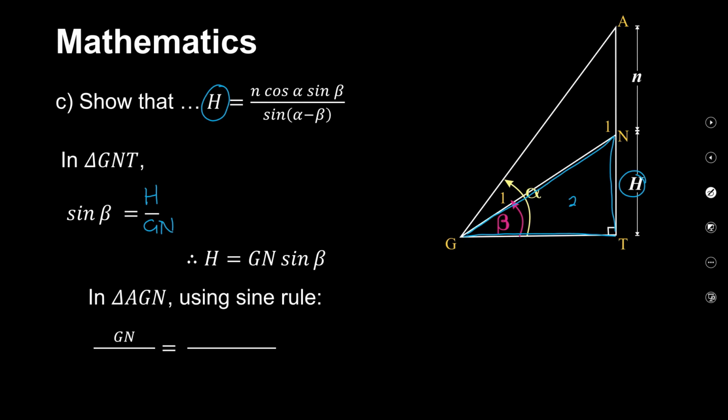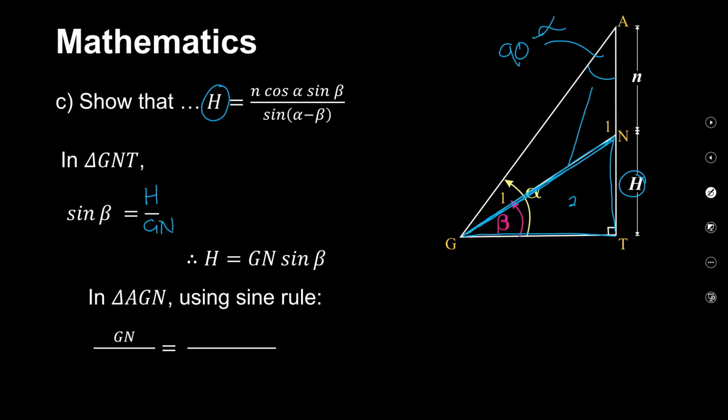Right. Now we're going to be using sine rule in triangle AGN. So in triangle AGN, we already know that Gn, okay, we're going to use sine rule. So we're going to use Gn and the angle across it. And can you remember earlier we said this angle was 90 minus alpha.